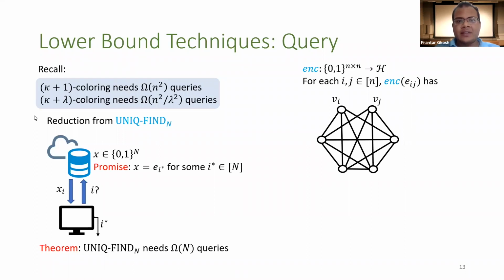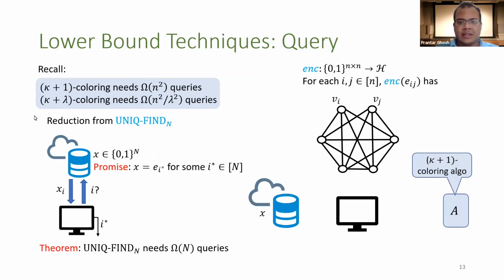The graph encoding of the ijth unit vector will have a substructure of the form a clique with two corresponding vertices vi and vj missing an edge.